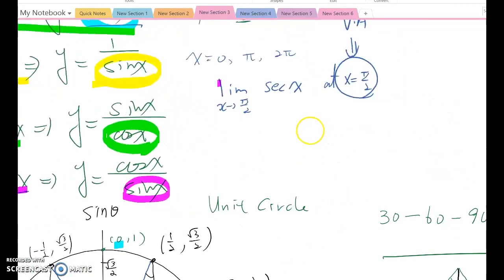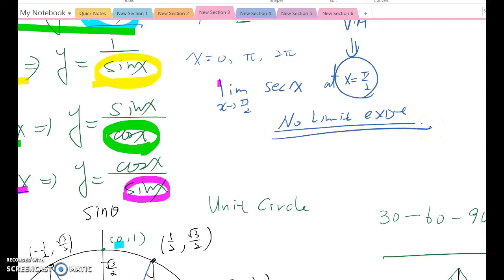So if the question is given by limit x approaches pi over 2, then you say no limit exists. That's it. Okay? However, what if the question asks you only for a one-sided limit, such as only the positive side or negative side? Good? Then it can be a different story.